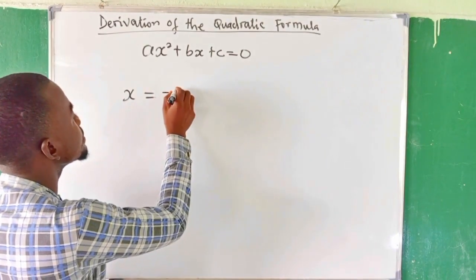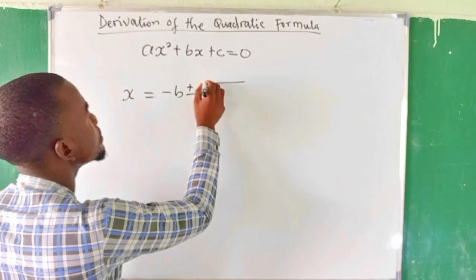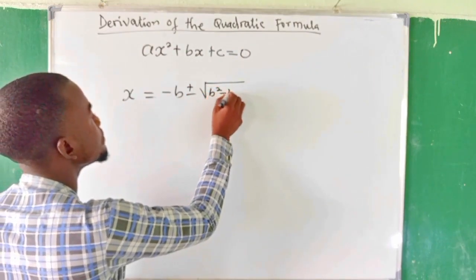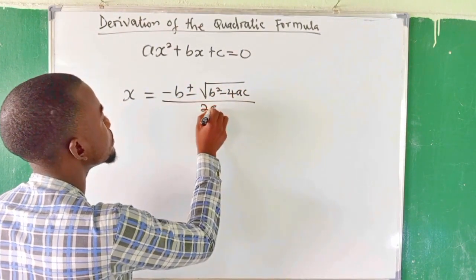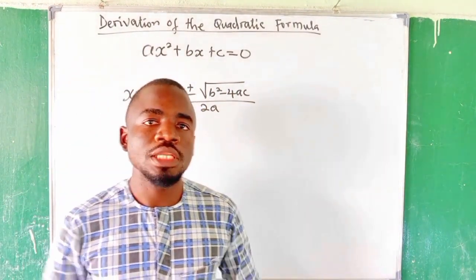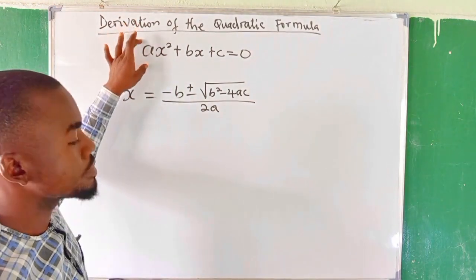And the root is x equals minus b plus or minus the square root of b squared minus 4ac, all divided by 2a. Now this is what is known as quadratic formula. Now let's look at how we arrive at this from this.